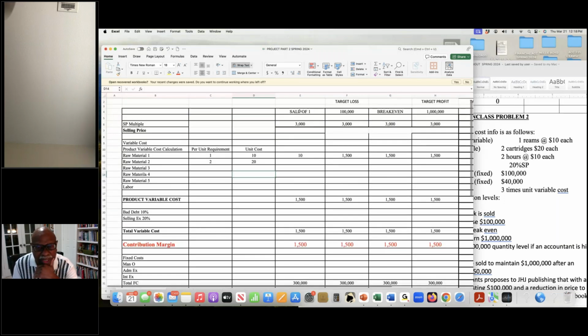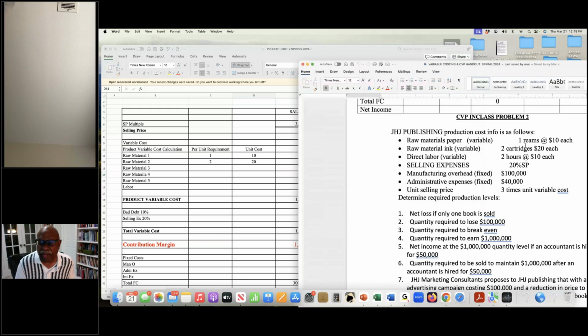Does that part go underneath the contribution margin? Well, in this case, you got one ream of paper 10, you got 2 ink cartons, then you got your direct labor, 2 hours at 10. So what's my labor gonna be? 2 hours at 10.